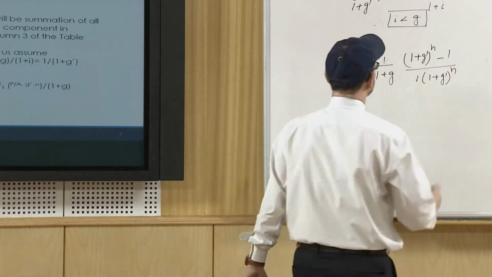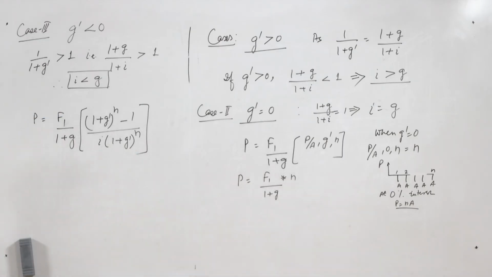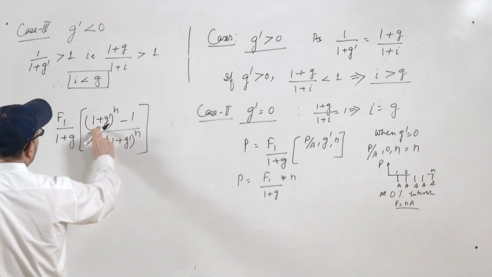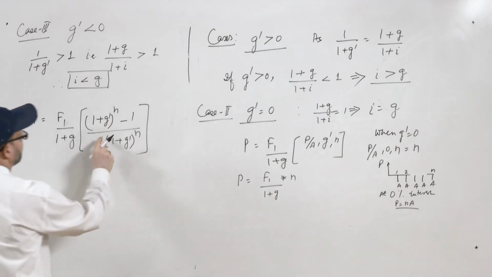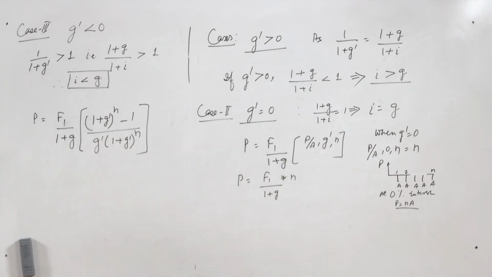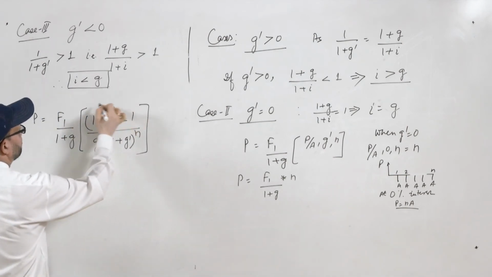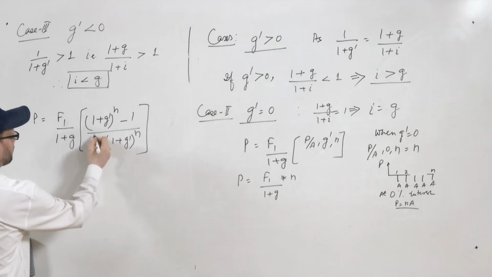Now, what will happen in this case? This factor is negative, and this i is also g prime, so this factor also becomes negative.